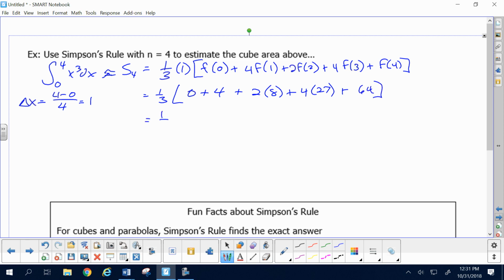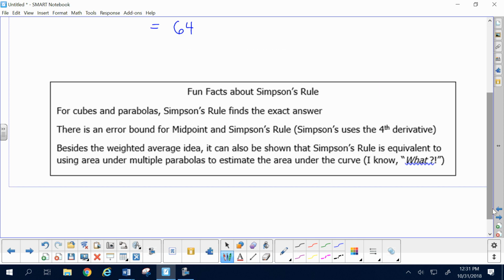Okay, so I have 1/3 of 20 plus 108, so 128, plus 64 is 192. 192 divided by 3 is 64. How'd we do with the exact?